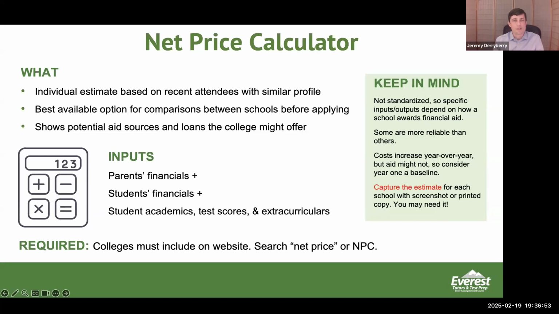So if a college has admitted your child early decision and you've done the net price calculator and you thought that you could financially afford it, but they come back with an offer letter that is not meeting what you thought you were going to get based on the net price calculator, you can then show that information to them, and they should hopefully adjust their aid award to make it affordable for you. And if not, that is your ticket out of the early decision process. So it's really important that when you're doing this research, that you capture that information.